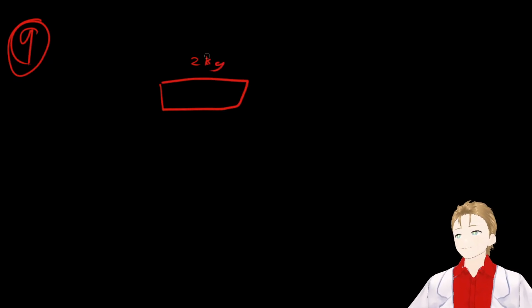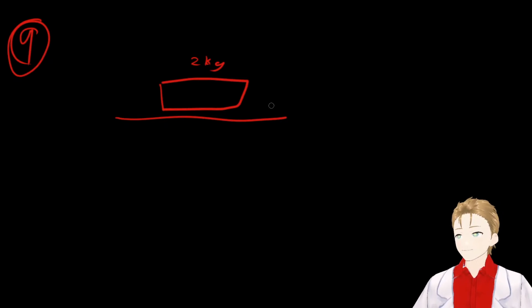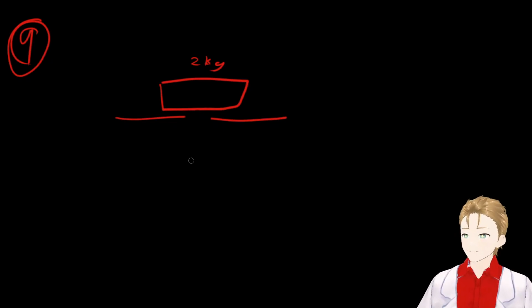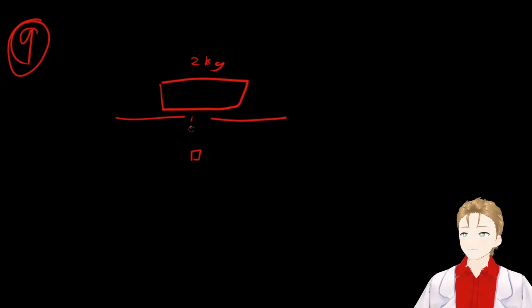Okay. So this is 2 kilograms. Well, okay, it's on the table. There's a hole. I don't know why. There's again a bullet. Actually, we need to block the bullet.